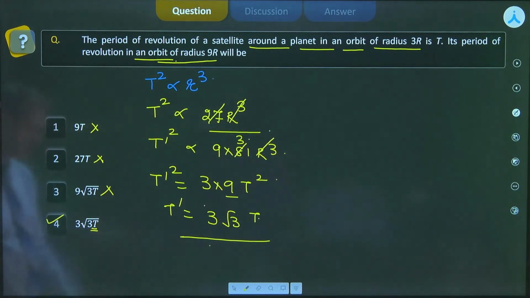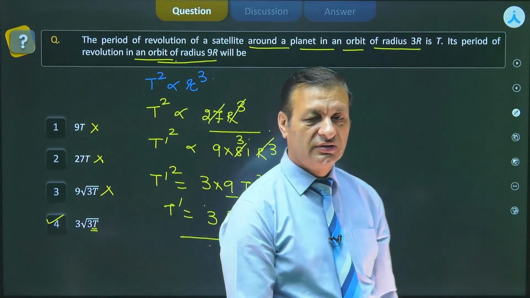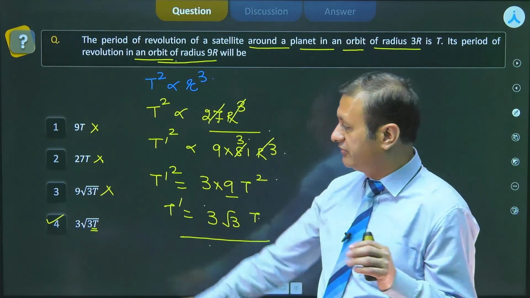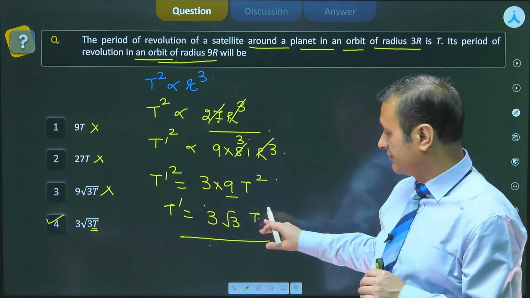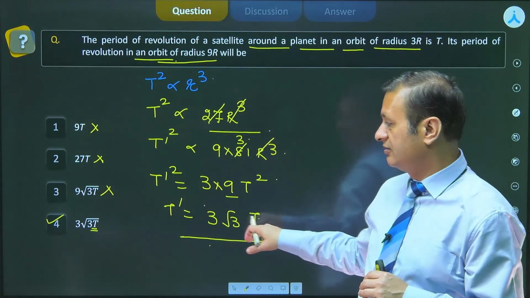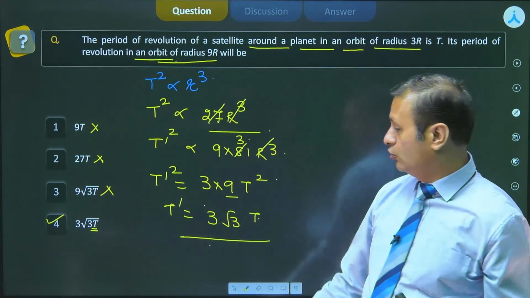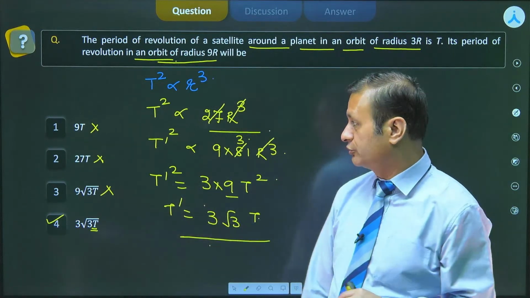Yes, good Tyasha. This clearly suggests you are well focused in the class. So this T has to be outside this root, clearly stated in the answer. There is some typographical error in this, so just ignore this and follow the answer given, which is the fourth option.